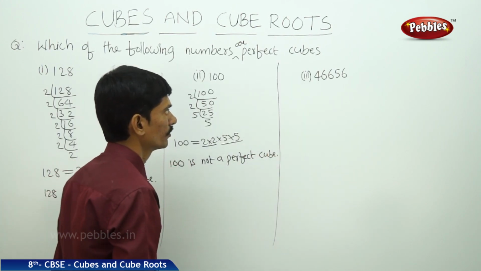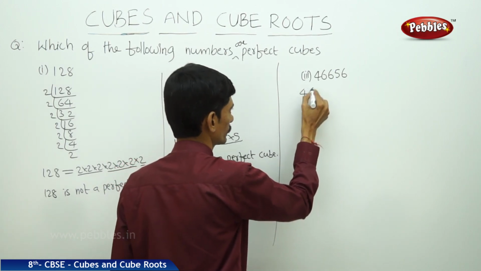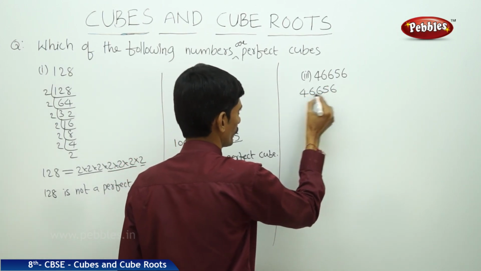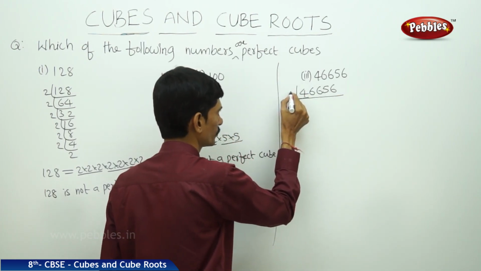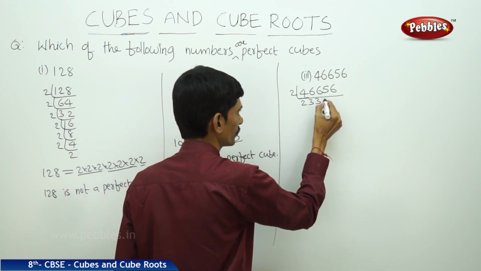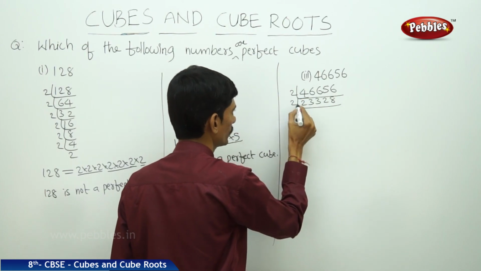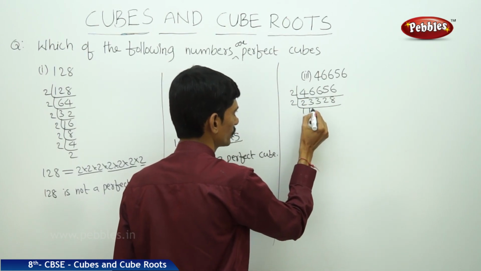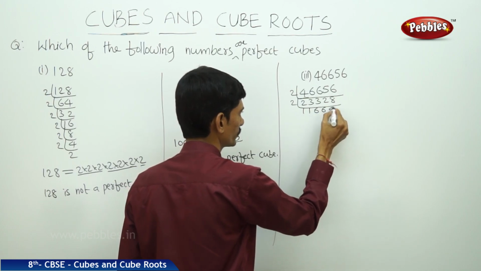Next, 46,656. It is divisible by 2. Now take 2 2s are 4, 2 3s are 6, 2 3s are 6, 2 2s are 4, 2 8s are 16. Again in 2 table, 2 1s are 2, 2 1s are 2, 2 6s are 12, 2 6s are 12, 2 4s are 8.